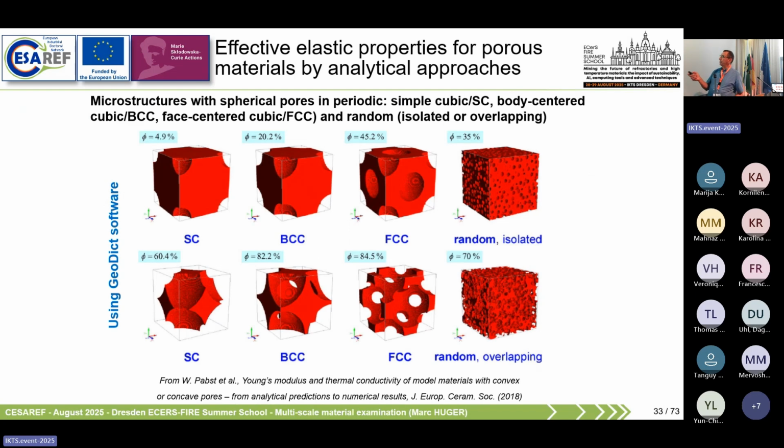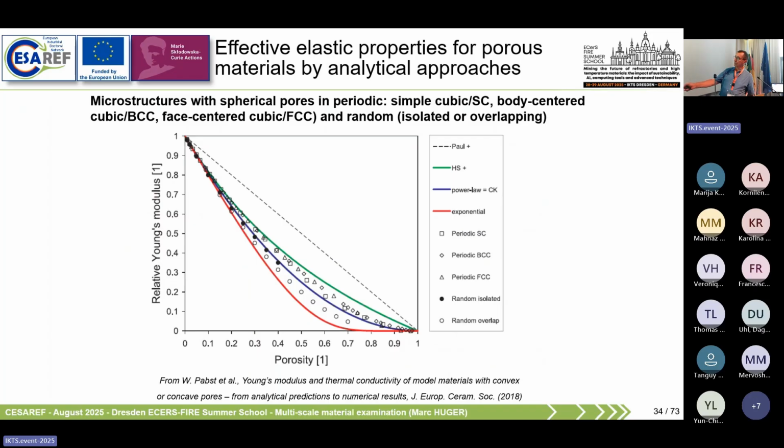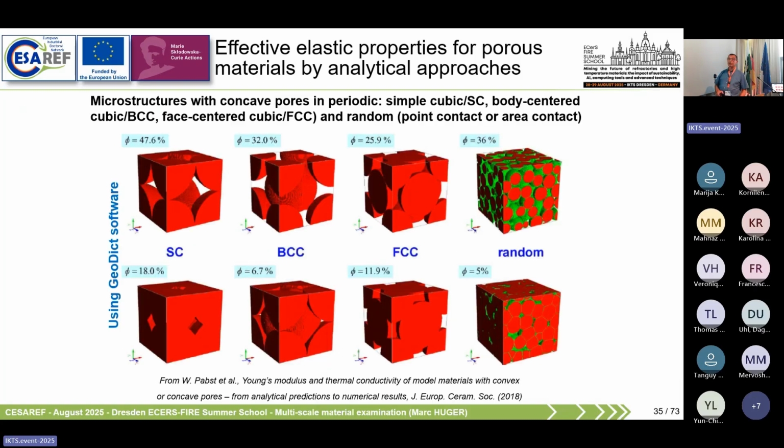And Willy Pabst has made a very interesting paper in recent years. Typically playing with quite round porosity, in that case the model is not so far from the picture I presented just before. But if you put porosity in a completely other shape, the story becomes very different.